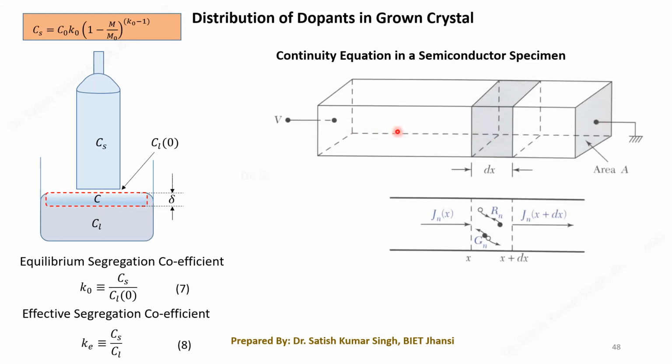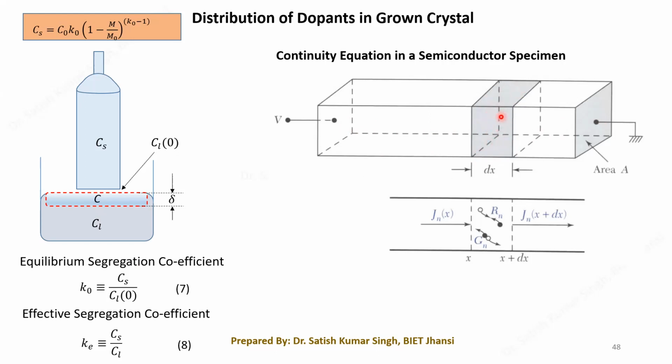If it is flowing this way, then what I want to know is, is there any net increase in the number of electrons or number of holes within this particular volume? Is there any net increase? That we want to calculate. So what we are interested in is whether there will be a net rate of change of the number of electrons within this volume.